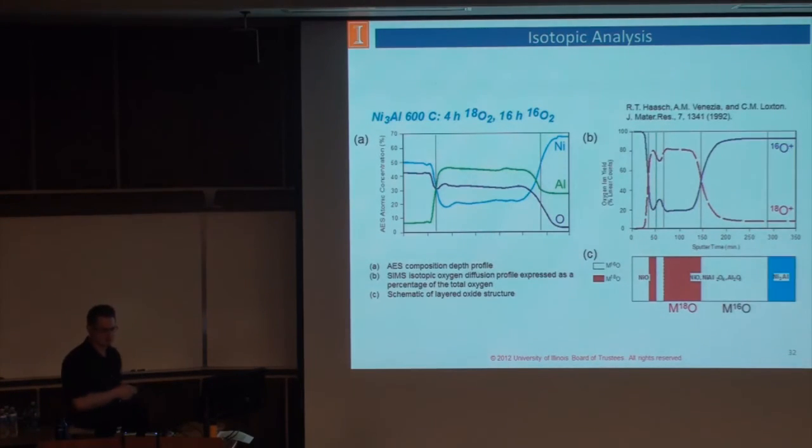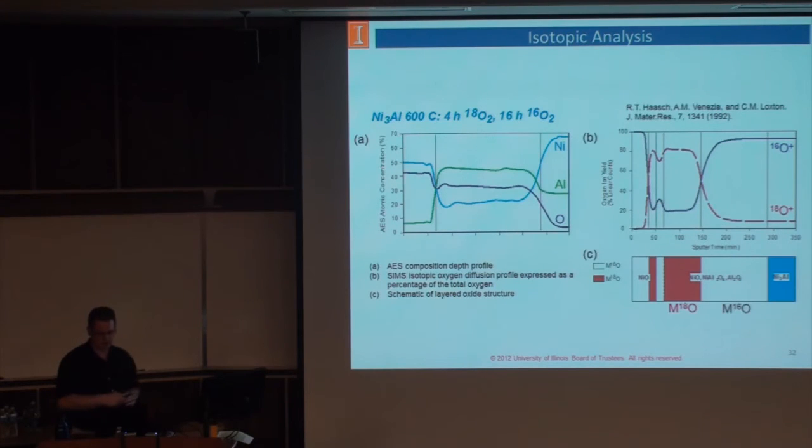This is an example of some isotopic analysis that was done for nickel-3 aluminum that was annealed, using 18 oxygen and 16 oxygen. So this allows you to, by using the two different isotopes of oxygen, see which part is actually annealing and what the mobile species is.